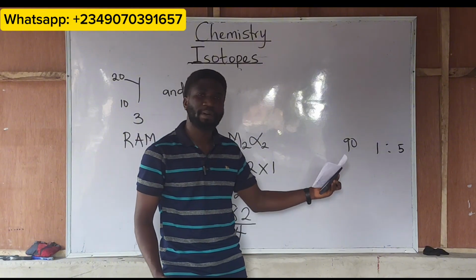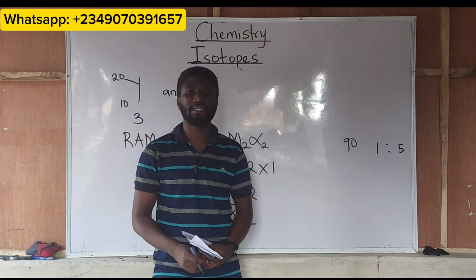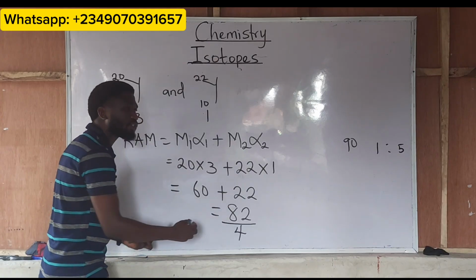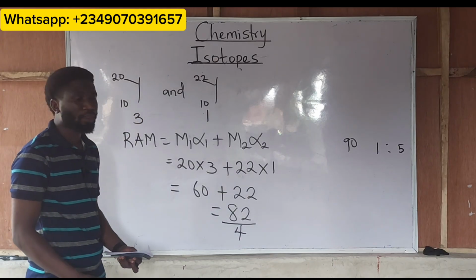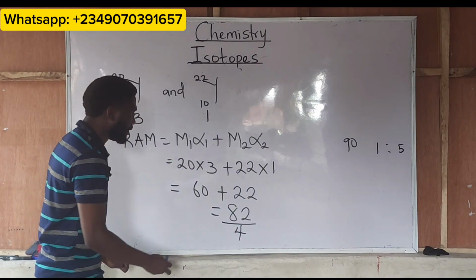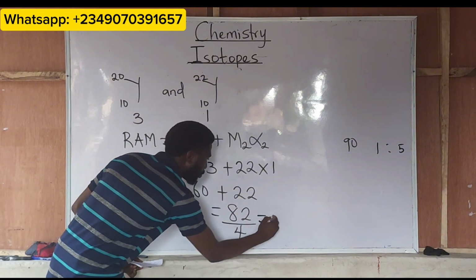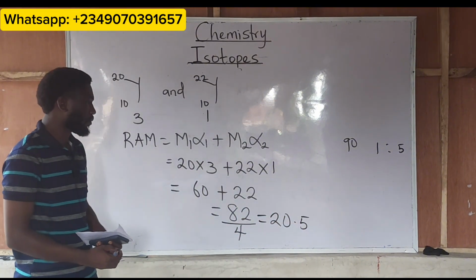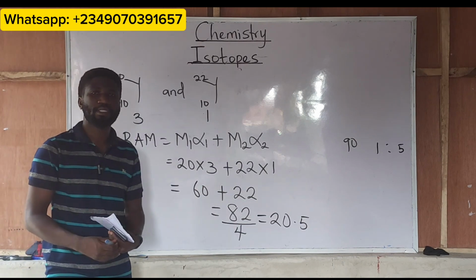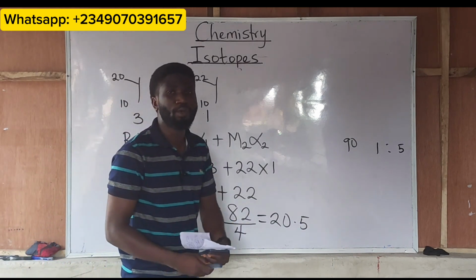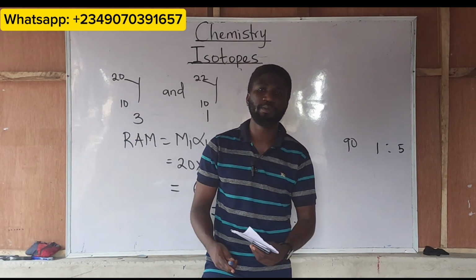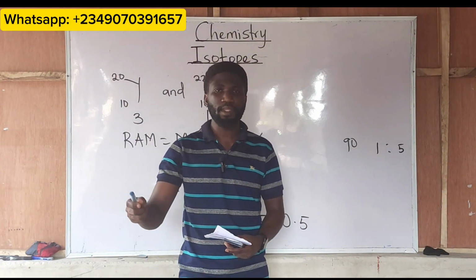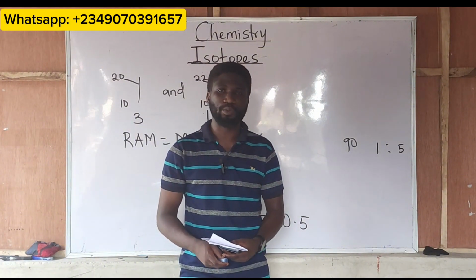So 90 divided by 6 will be your answer. So in this case, the 82 that we've gotten here, divided by the sum of the ratio, which is 4. 82 divided by 4 should give us 20.5. So this is how we calculate the relative atomic mass of an element involving percentage abundance as well as that of the ratio.